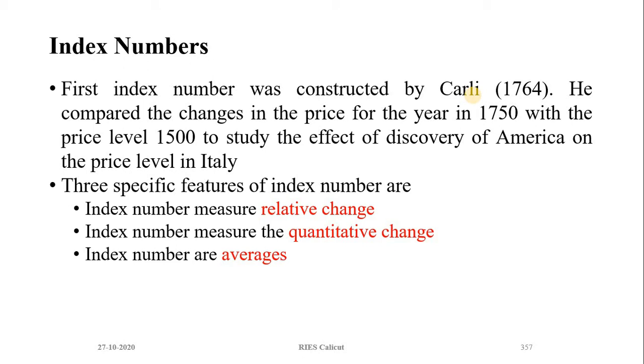What would be the effect of that event on the price level in Italy? To do that, he took 1750 as the current period and 1500 as the base period, and compared the prices between these two periods.